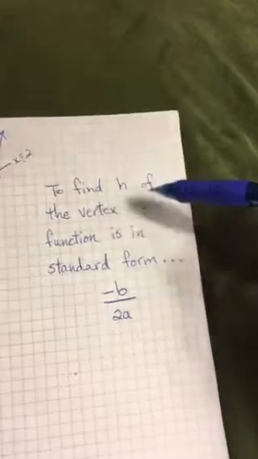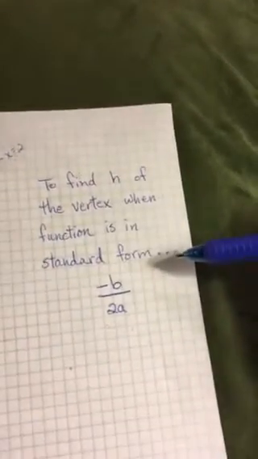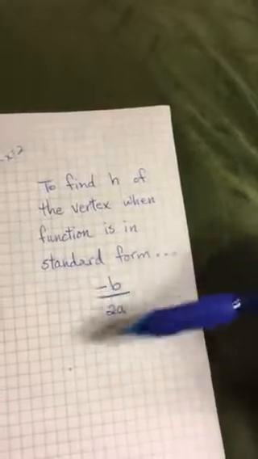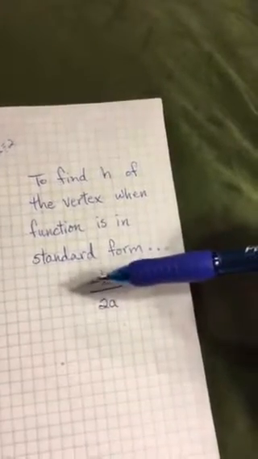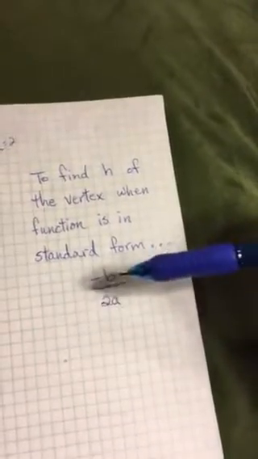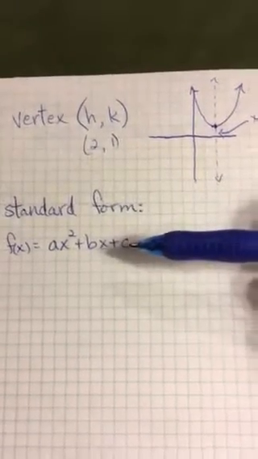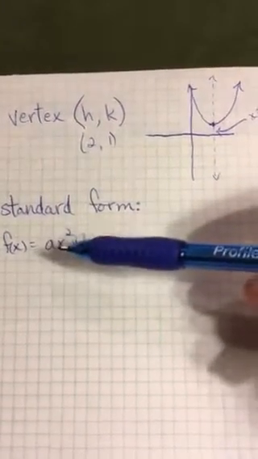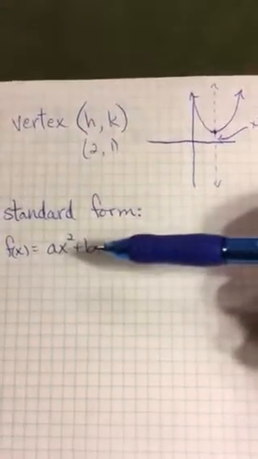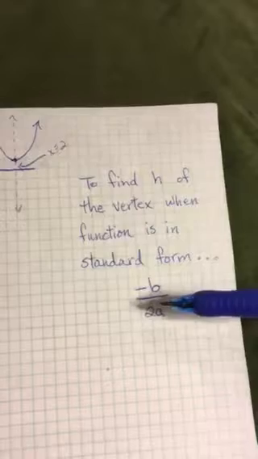To find h of the vertex when the function is in standard form, this is the formula right here. It's just take the opposite of b all over 2a. And the way you get the b and the a, you come back over here in standard form. The a would be the coefficient in front of the x squared. B is the coefficient of the x. And that's where you get that.